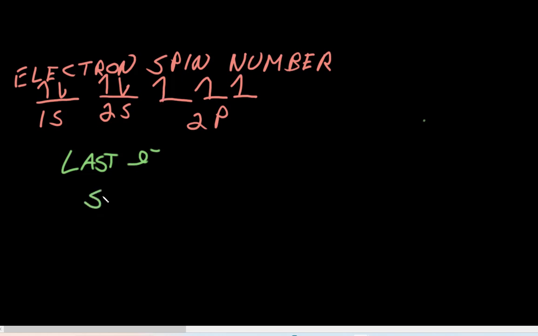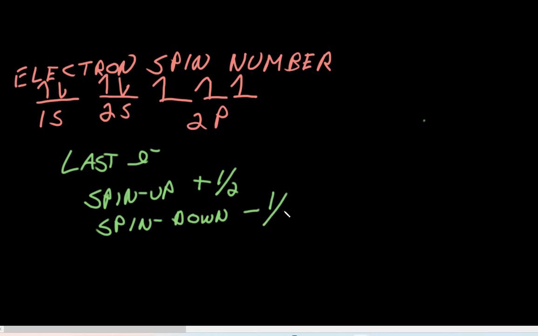Well, if it's a spin up, it's going to be a positive 1/2. If it is a spin down, and you can probably guess what that's going to be, it's going to be a negative 1/2. So for our example, we're looking right here, we got a spin up, so it's going to be plus 1/2.